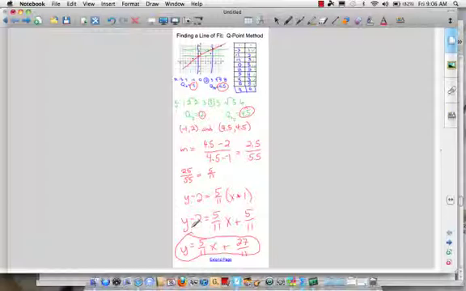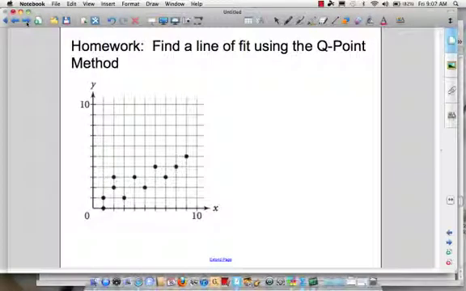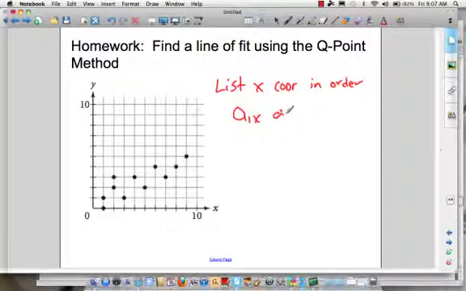Now, I know that's a lot of steps, but I went through each of them hopefully clearly, because for your homework, I'm going to ask you to do the same thing. So remember, you have to list x coordinates in order, and then find Q1x and Q3x, and then do the same for y.